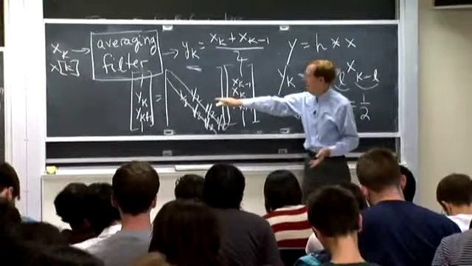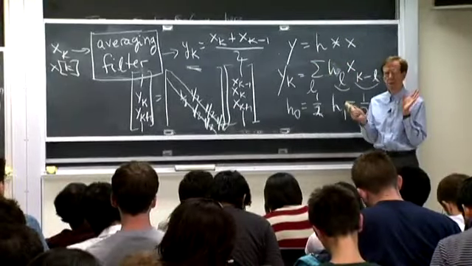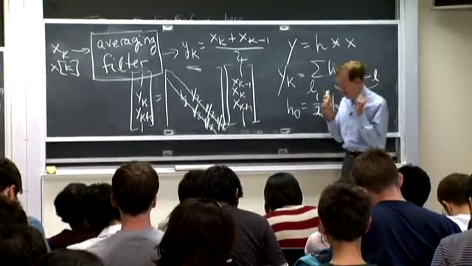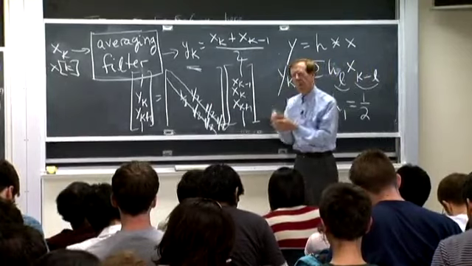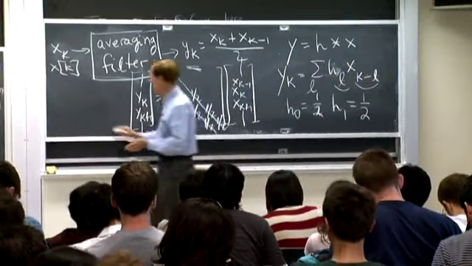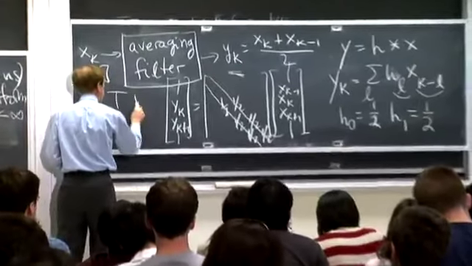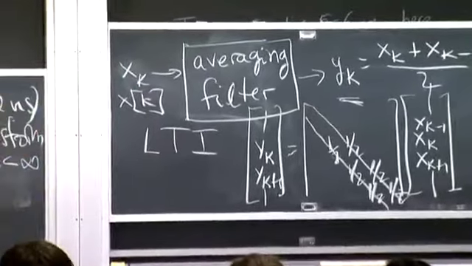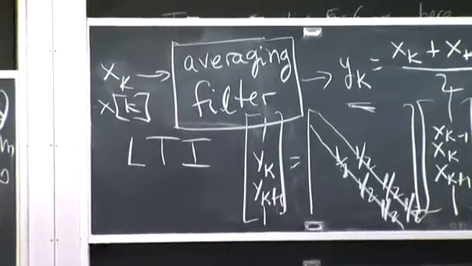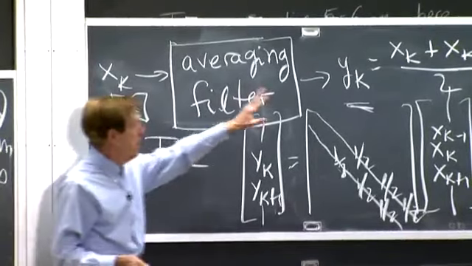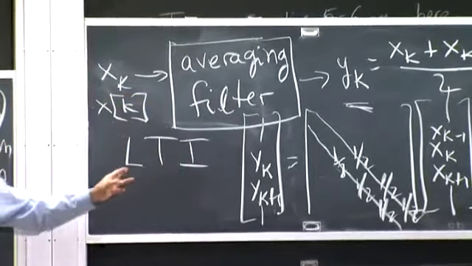Now, let me tell you the word. When an electrical engineer looks at this, the first letters he uses are LTI, linear time invariant. What linear means we understand, right? What does time invariant mean?